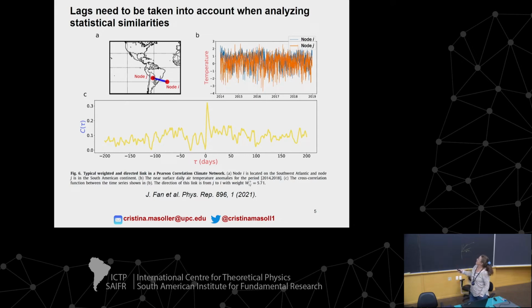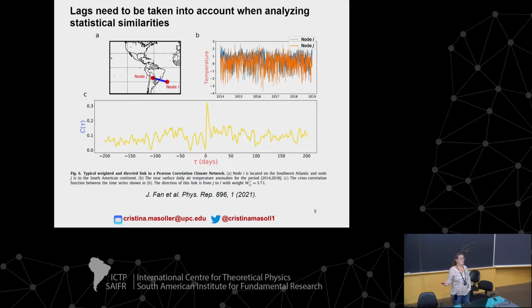But if you do this as a function of the lag, and in this case you change the lag between -200 days and 200 days, you can see that there is a very important peak at a few days. So this gives you some information about the fact that there is a lagged correlation between what happens in these two geographical regions.